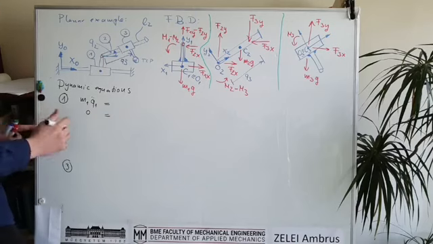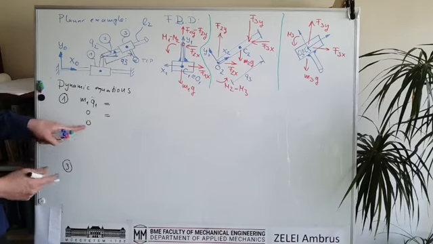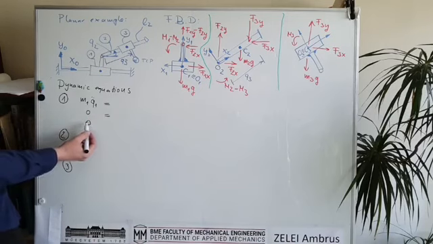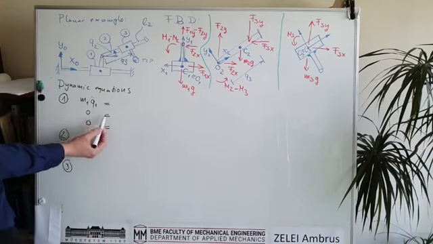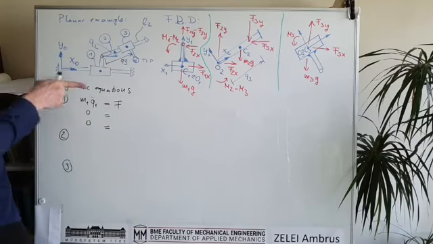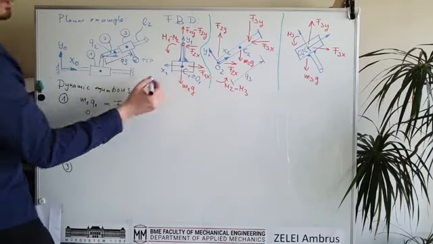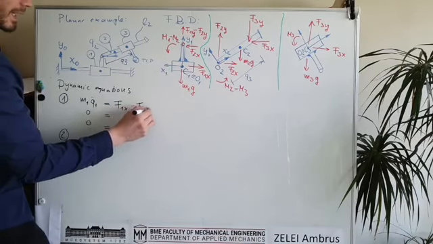And the third thing is that the angular acceleration was also 0 for the first body. And the first two equations are the sum of the forces. So in x direction we have f1x minus f2x.